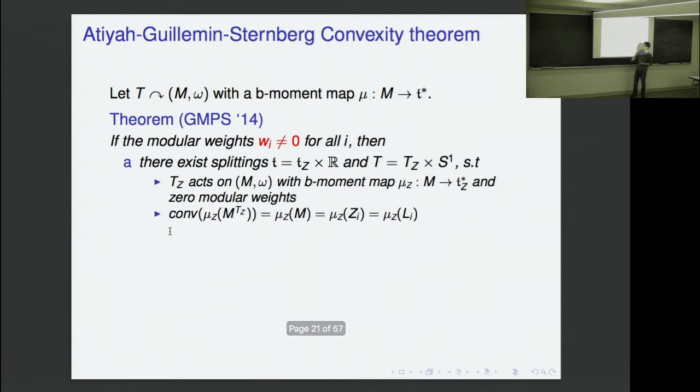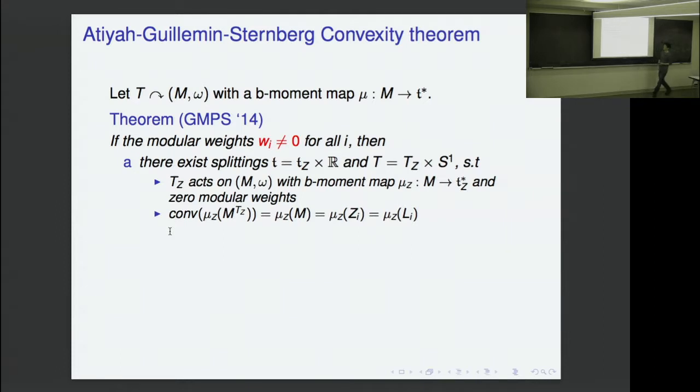Then we have the same convexity property with respect to this subtorus action, if we consider this new moment map by projecting to the TZ dual.